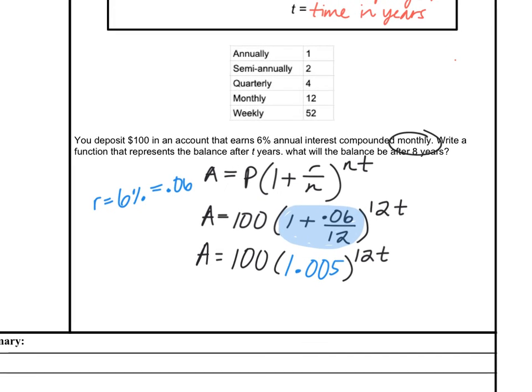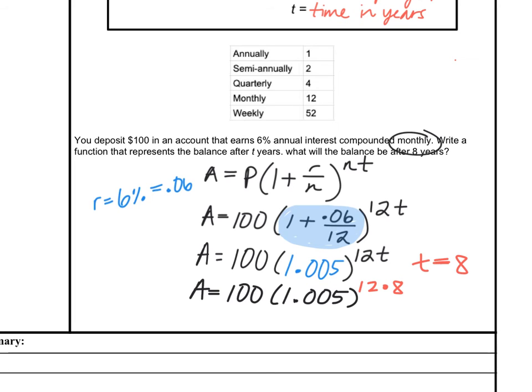Where do I put the 8? T, time. T equals 8 because it's 8 years. So $100 times 1.005 raised to, okay, now we're going to figure this out. What is 12 times 8? 96.